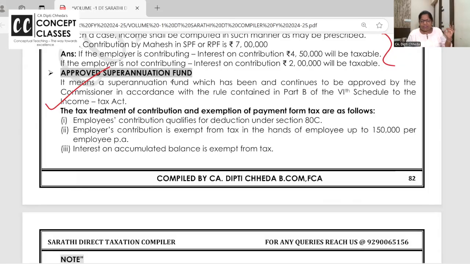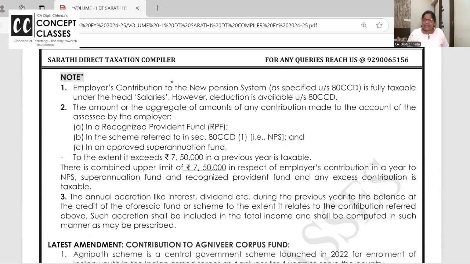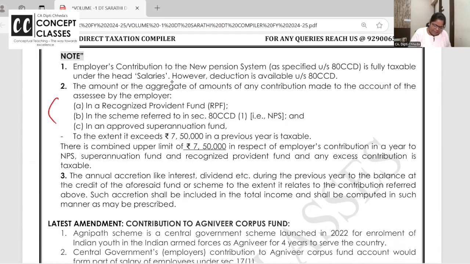Superannuation fund, if it is approved, the employer can contribute and claim exemption up to 1,50,000, and 80CCD deduction is also available. Now one new limit is added, very important. In recognized provident fund, you can contribute up to 12%. 80CCD, NPS will come now, National Pension Scheme.